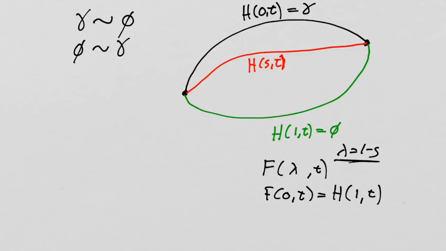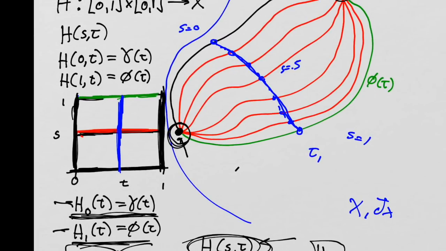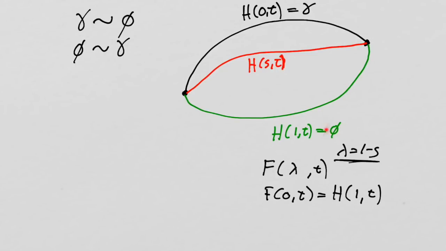Because I'm now defining lambda to be 1 minus s. So the point is I can make a very, very trivial substitution of variables, and I can find a perfectly defined homotopy as we've defined it here and on this slide. I can find a homotopy between phi and gamma.